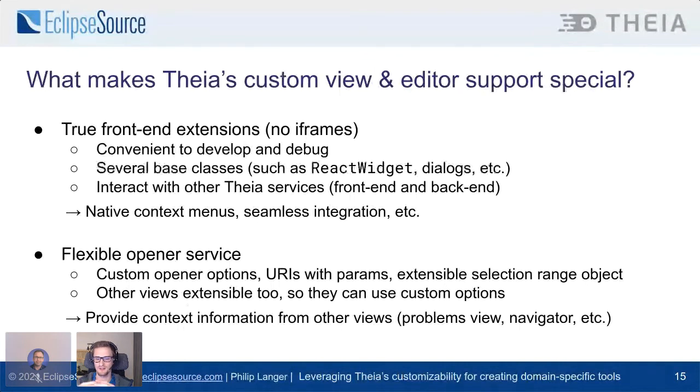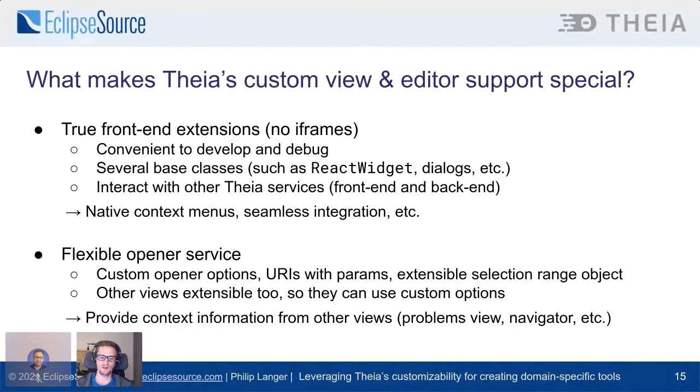These are basically the additional context information that can be provided when your editor is opened. So you can either put them in opener options, or you can add them into the URIs. And you can also, even when you open it, have an extensible range object to indicate essentially additional context information when you open a view or an editor.